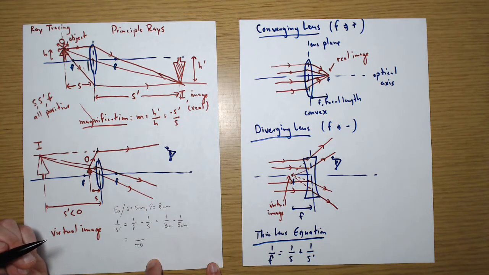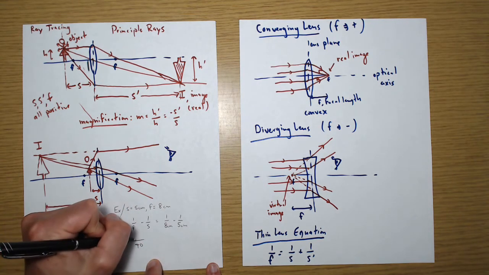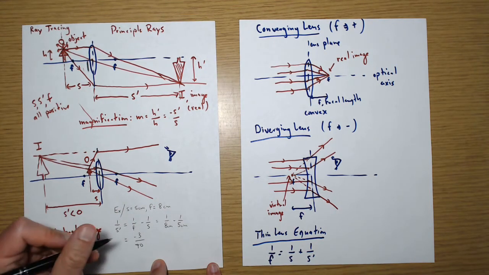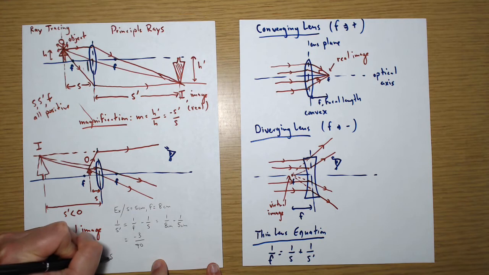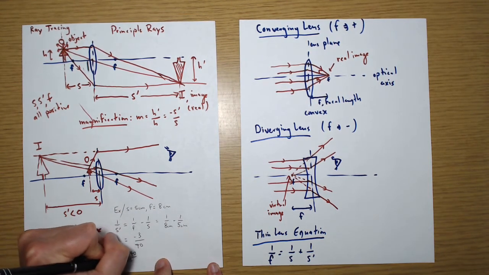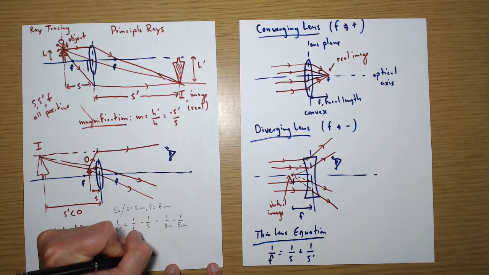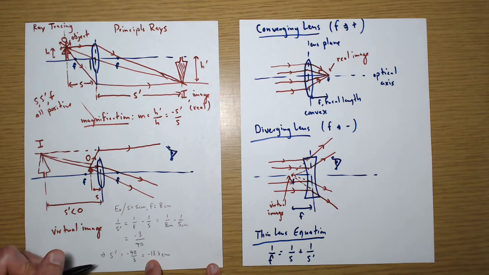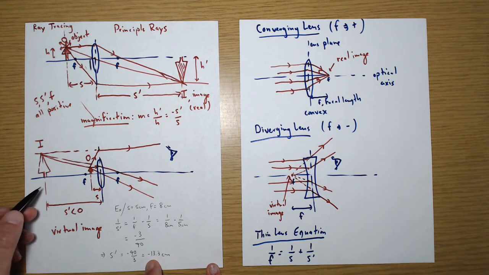So I have 5 over 40 minus 8 over 40, which gives me minus 3 over 40. In other words, S prime is equal to negative 40 over 3, or negative 13.3 centimeters. So I do get a negative S prime. The negative S prime corresponds to a virtual image on the left, the same side as the object.